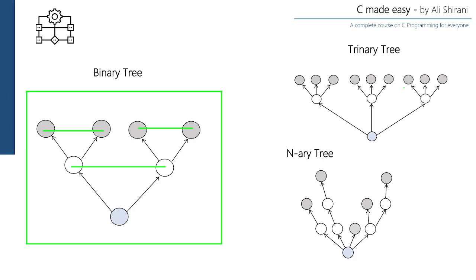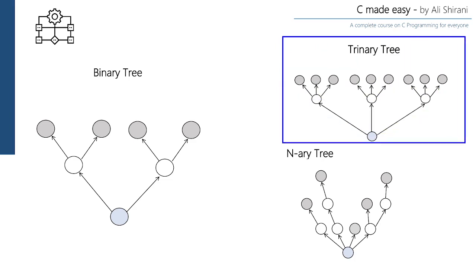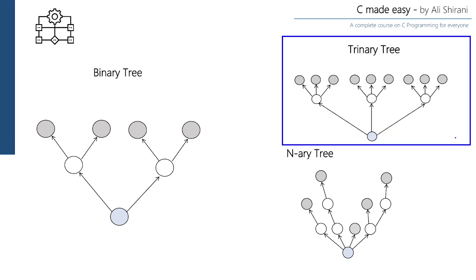In this case, on the right side, you can see we have the trinary tree. Trinary means the one that has three states, or three options, or three directions. Compared to binary, which is like the binary number system, which has only two directions, either 0 or 1, trinary has 0, 1, 2.